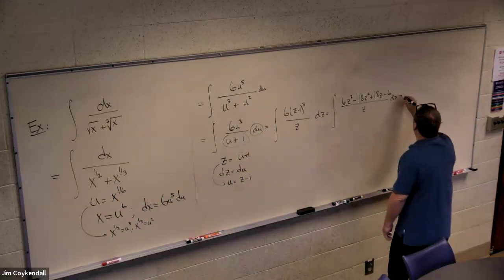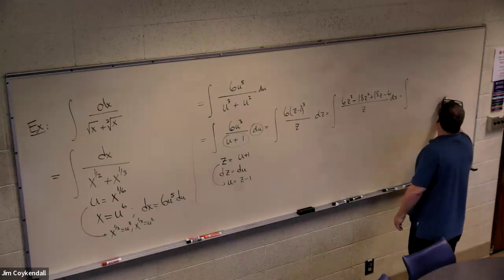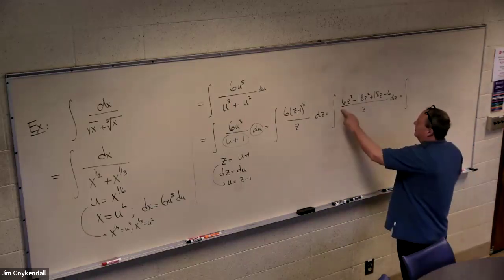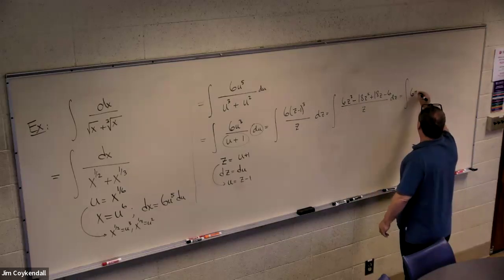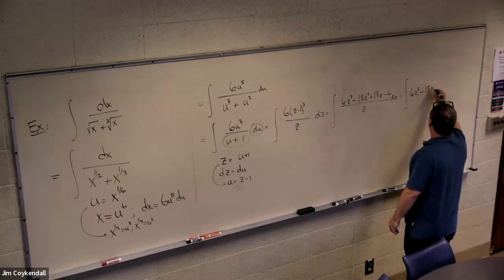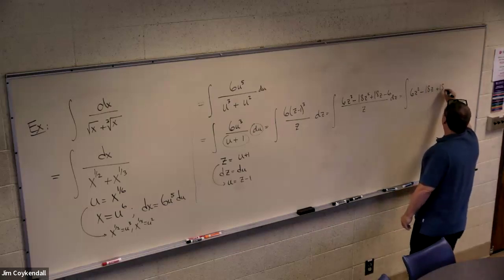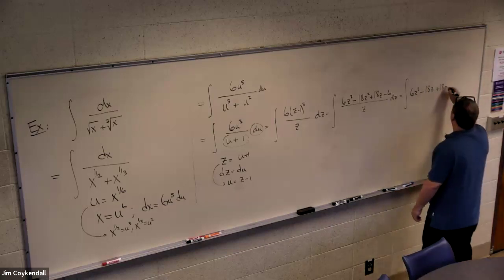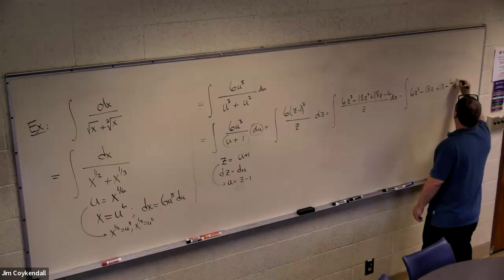Now I divide through by z. This is going to be 6z squared minus 18z plus 18 minus 6 over z.